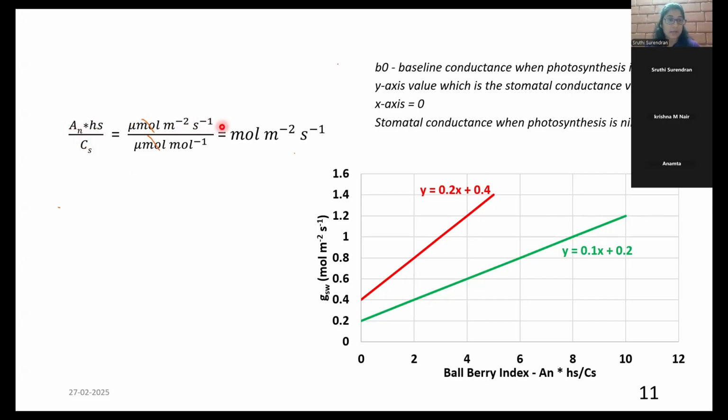Hs is relative humidity, which is basically a percentage value, so it is dimensionless and we are not using any unit over here. And carbon dioxide concentration is in micromoles per mole. So when these two micromole terms cancel and this mole goes to the numerator, we get the unit of mole per meter square per second. So the Ball-Berry index's unit is also mole per meter square per second. The Y-axis value is also in moles per meter square per second.